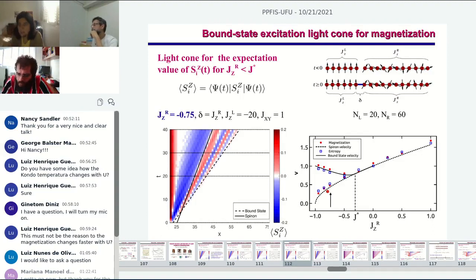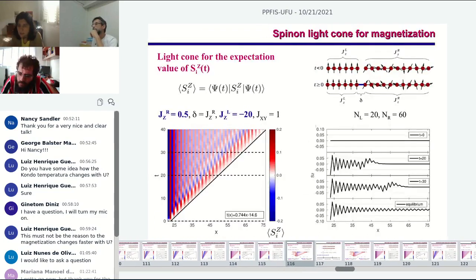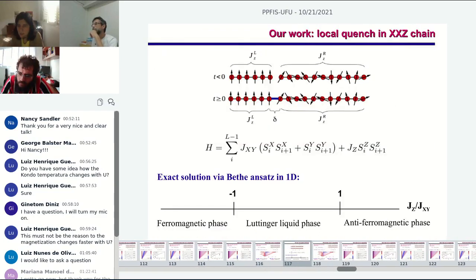This bound state is, because instead of discussing the model in terms of spins, it is equivalent to a spinless model. If we go to this particle model, this bound state would correspond to something like an exciton, where an electron and a hole are bound.